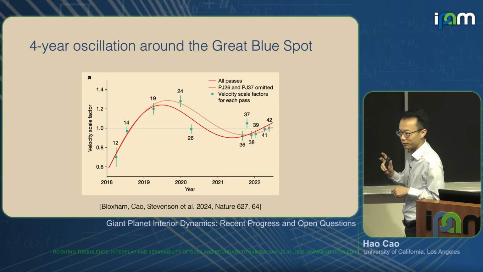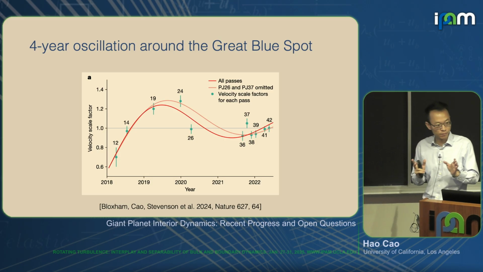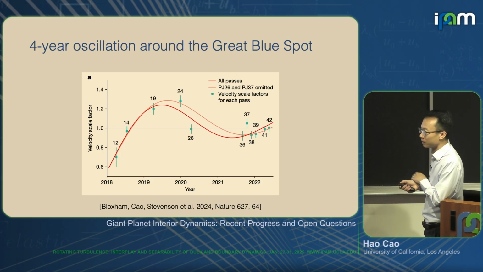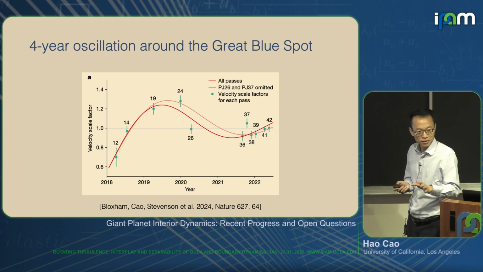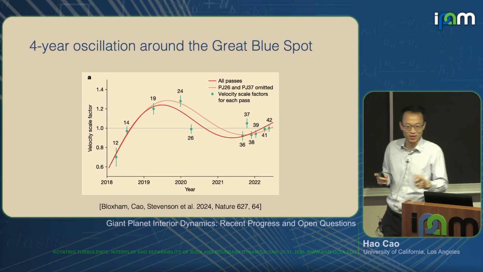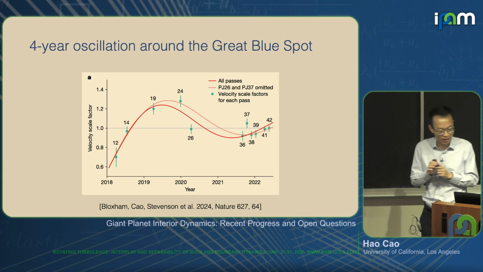If you look at the magnetic field associated with the Great Blue Spot and apply the same background steady state zonal flow profile there, but now allow an additional degree of freedom in how it changes with time, the data do seem to suggest there's a 4-year oscillation around this background. This is highly tentative, I should say. We only have observations of 4 years, so you don't really know the period. But I think we can confidently say this thing seems to be changing, right?